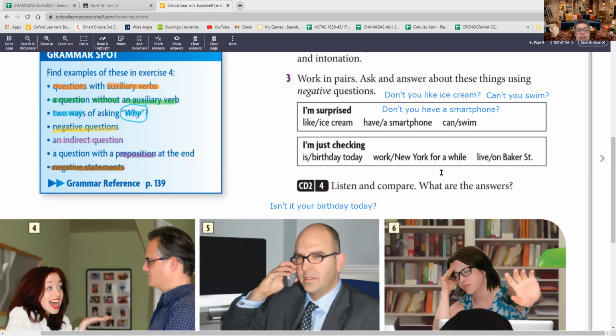So because of this, instead of using the simple present, I should use the present continuous, okay? So let's try to do it in the present continuous form. The same subject, you.